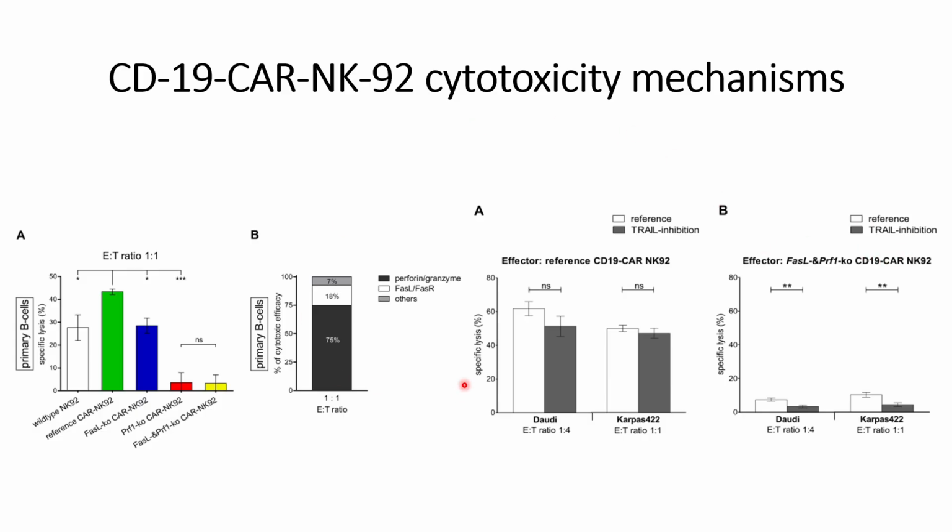This is what they finally conclude in this paper about the different mechanisms, of which the major contribution is by the perforin-granzyme pathways, then by the FasL ligand, and to some extent by the TRAIL pathway also.